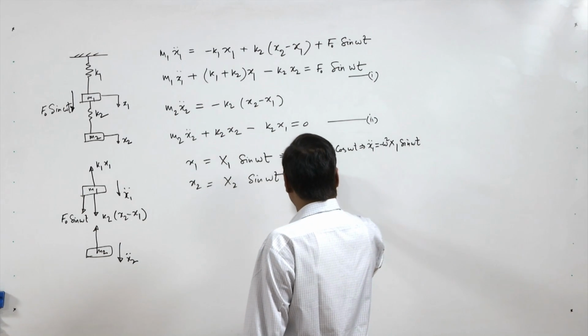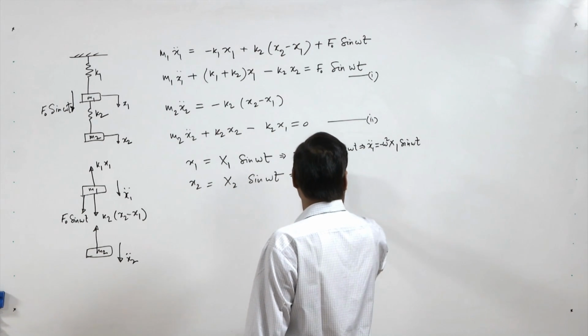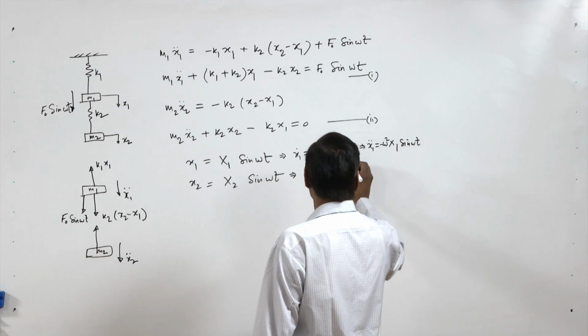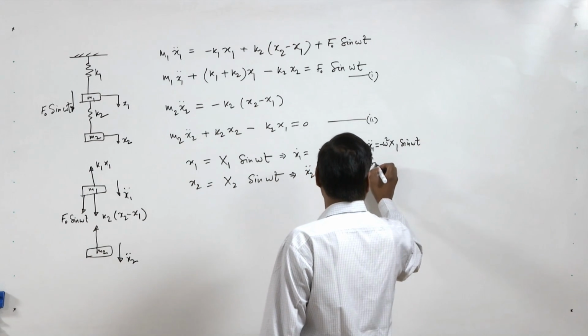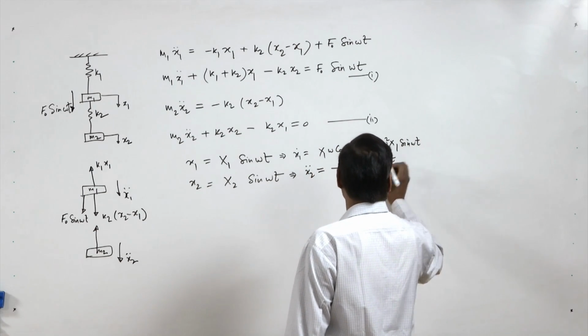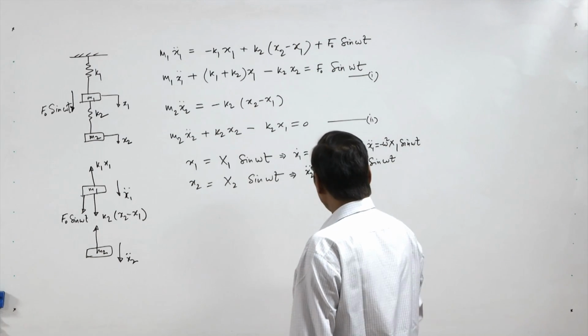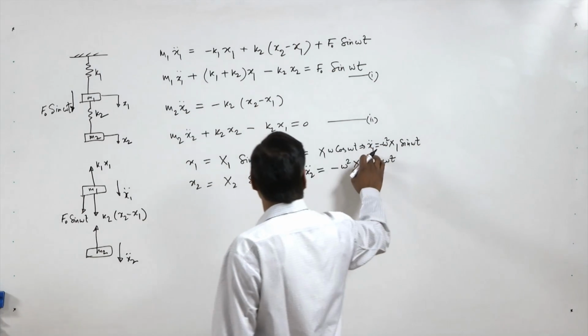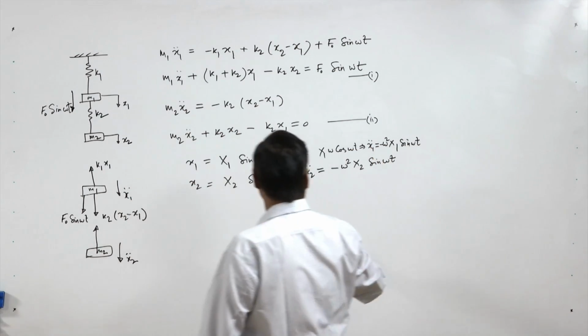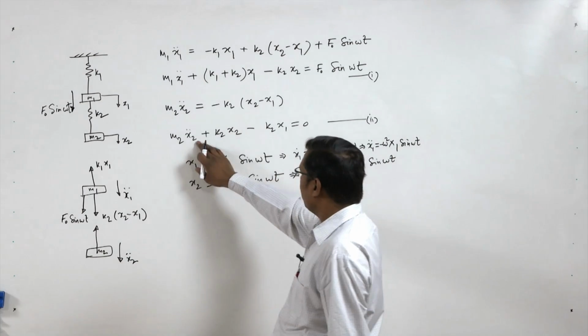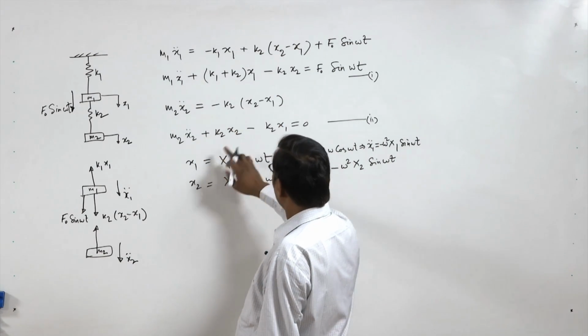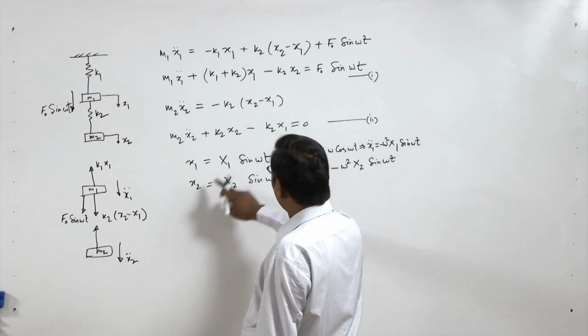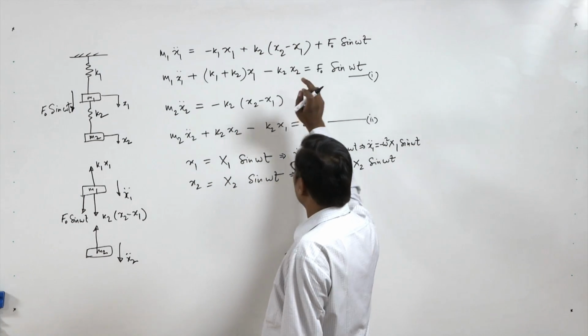Similarly, x2 double dot equals minus omega square X2 sin omega t. Now we put this x1 double dot value in equation 1 and the x2 double dot value here, and the x1 value here and here, and the x2 value here and here.